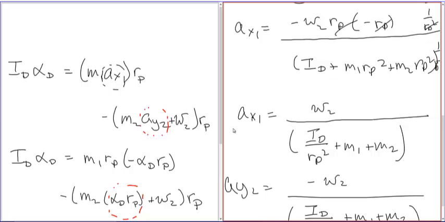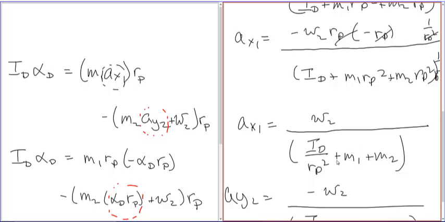Now in class today, what we did was we had it where we didn't have the cart. So M1 was equal to 0, and you can see that's what the equation reduced to.